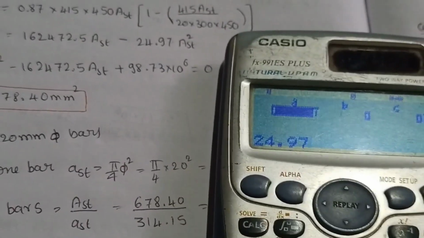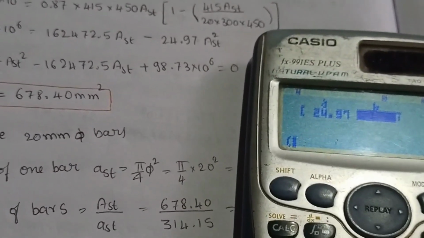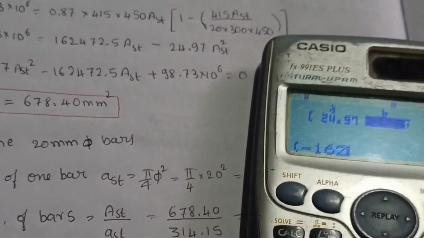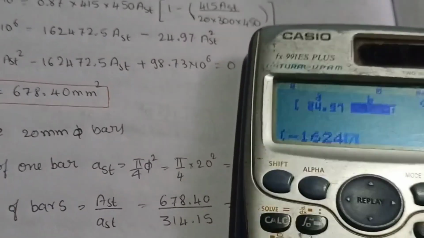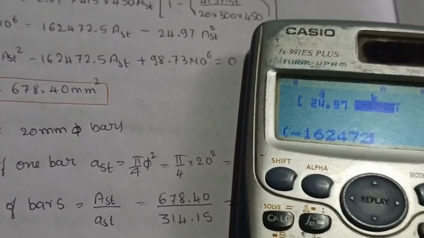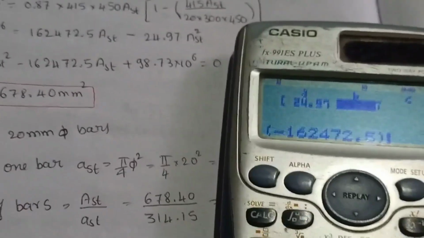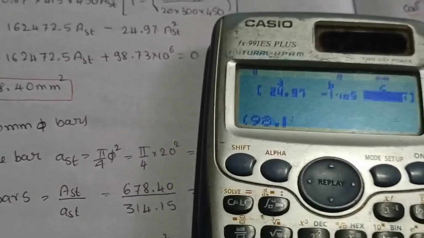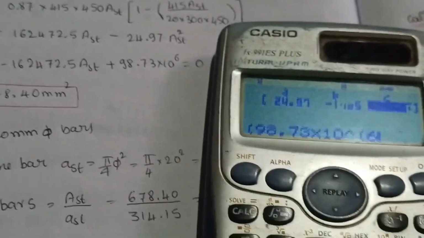24.97, and the second value is minus. So minus, now I am taking bracket, minus 1624.72.5 bracket close, and after that 98.73 into 10 to the power of 6.